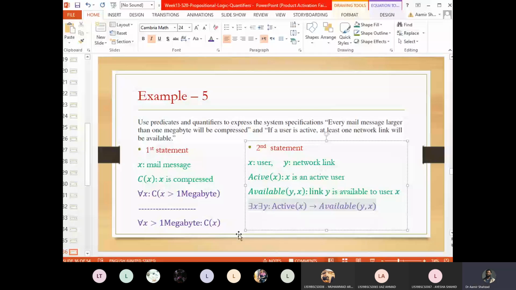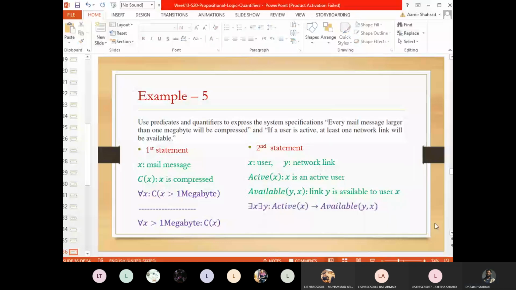If the user is active, then link y should be available. So there should be some user x who is active, then there should be some link y available to user x. So there exists x, there exists y, active of x implies availability of y to x.